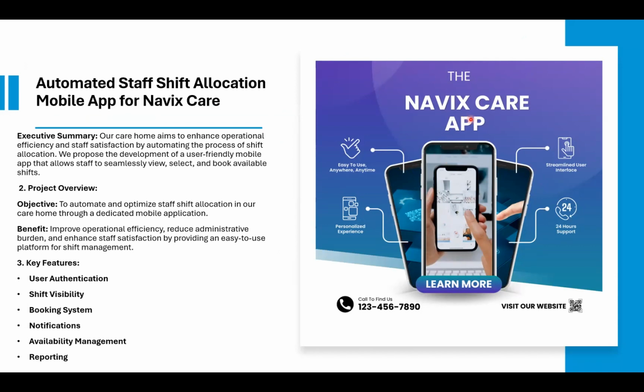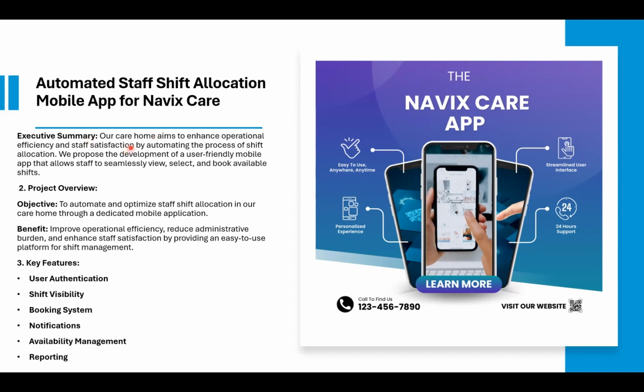What we have here is a company. This is a care company or a care home, and the name is Navis Care. So Navis Care, as an establishment, wants to digitize their operation and produce this Navis Care app. So that's a business case.